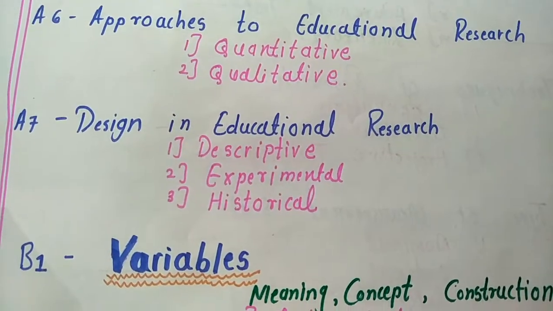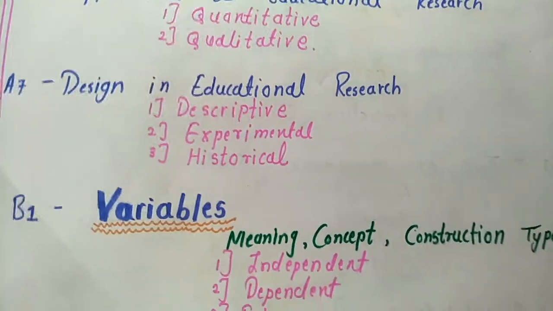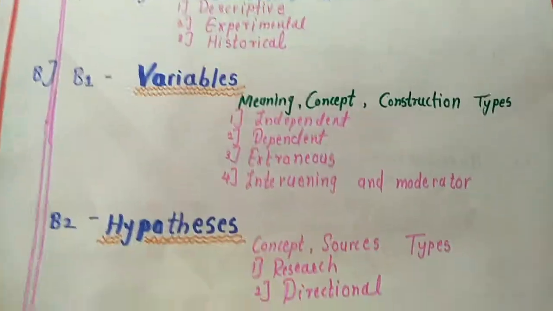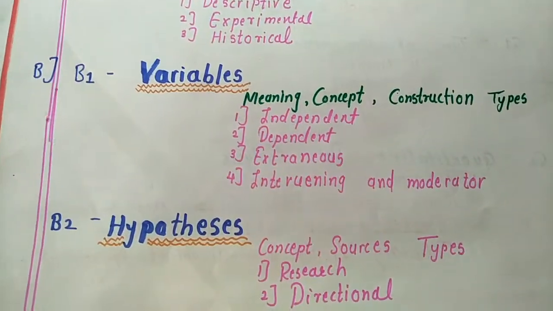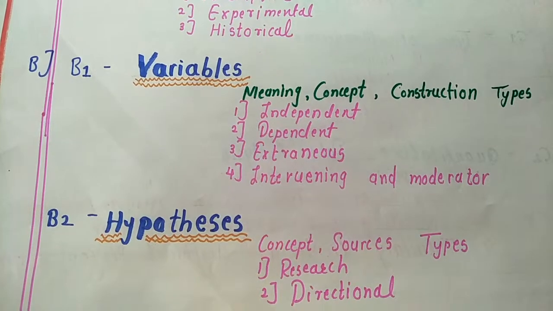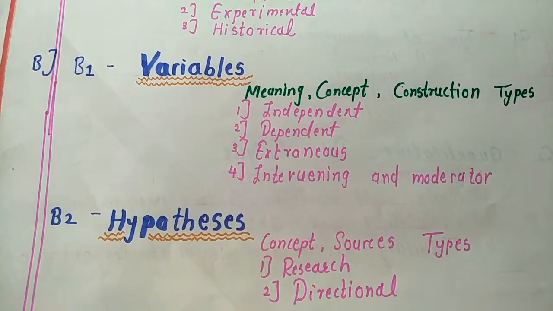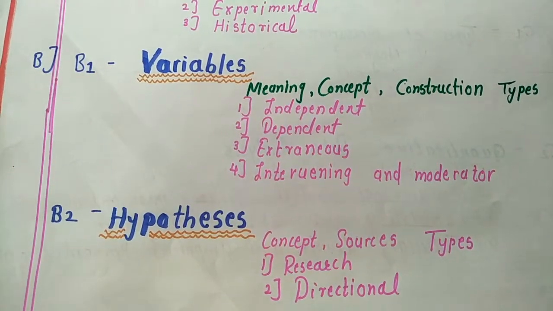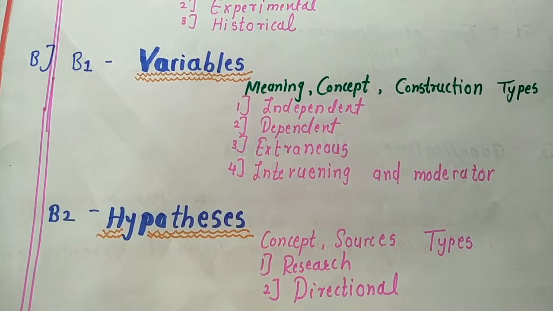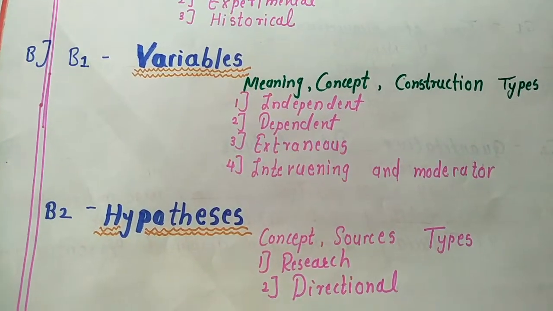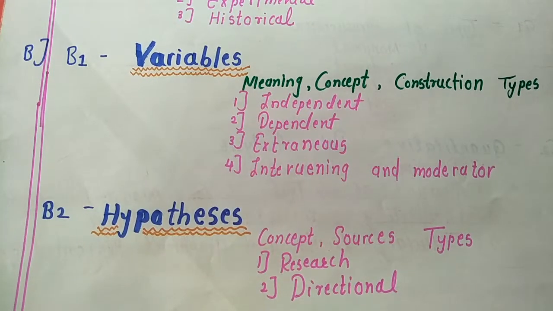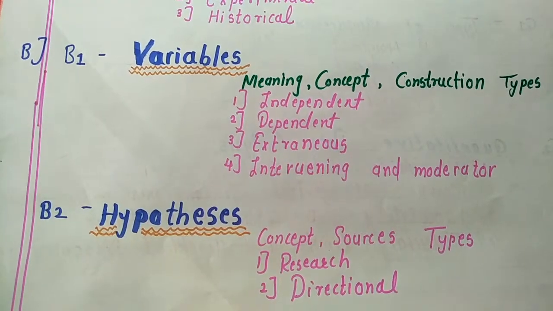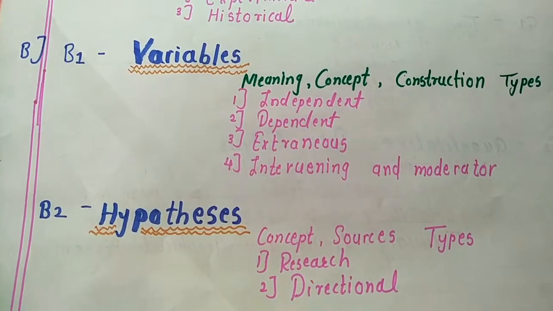Then B group, which is related to variables: meaning, concept, and constructions, and types of variable: independent variable, dependent variable, extraneous variable, and inventory variable.